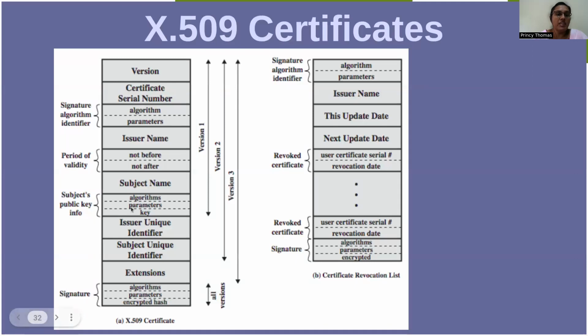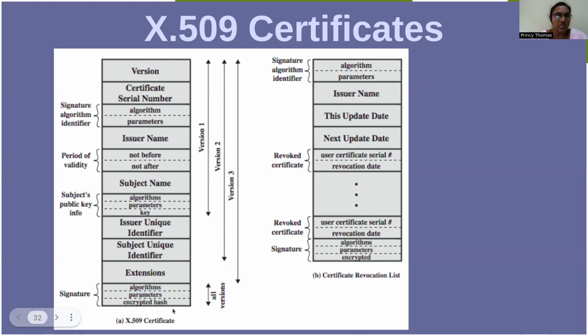The subject's public key information: the algorithm used for the public key crypto system, the parameters, and the key. Then the issuer unique identifier, the subject's unique identifier, any extensions, and then the signature, which also has the algorithm, parameters, and the encrypted hash. These are all the things in an X.509 certificate.